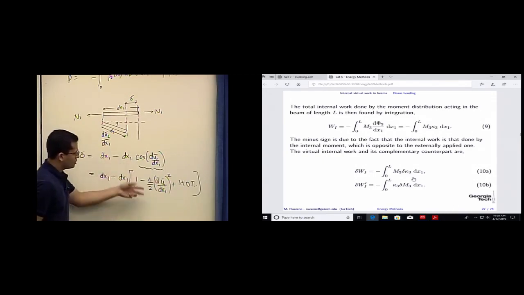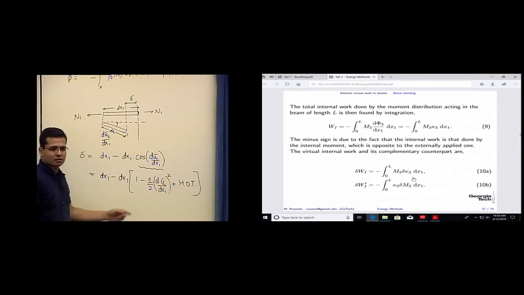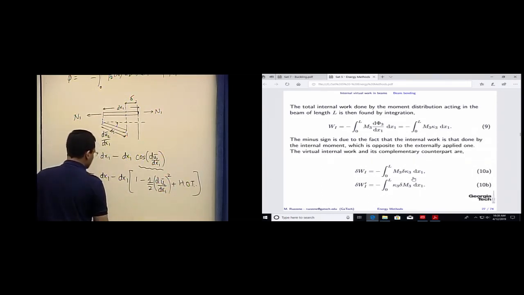So this is an expansion for cosine, right? So I will neglect all the higher order terms, the cubic or fourth order terms, whichever they are.